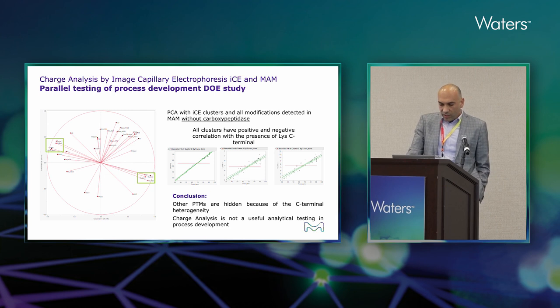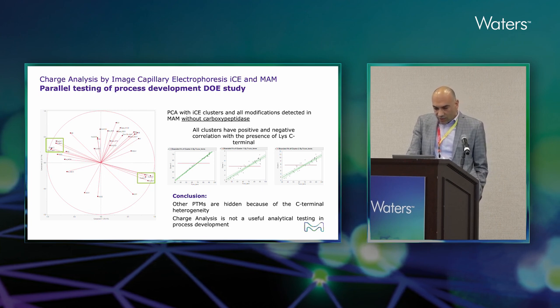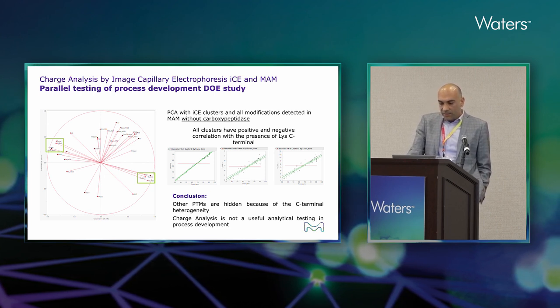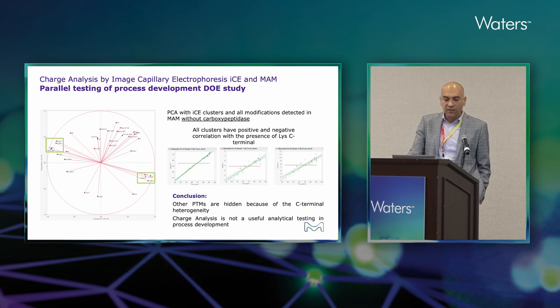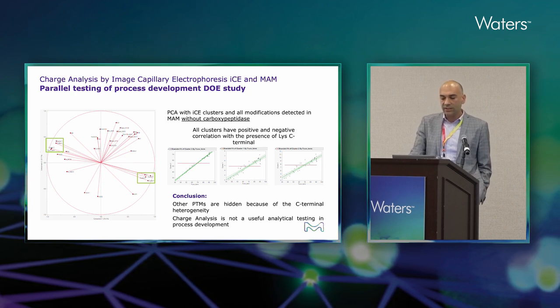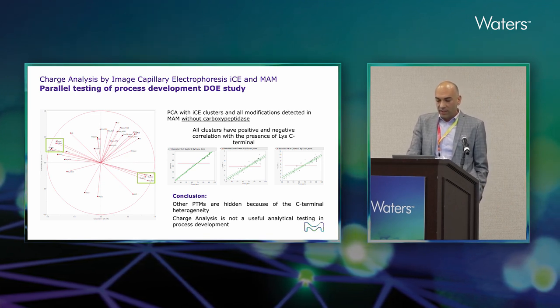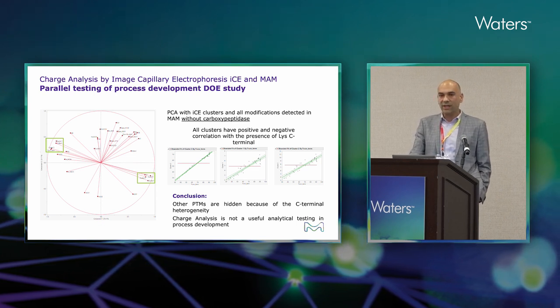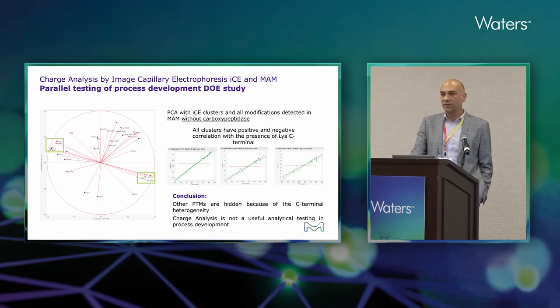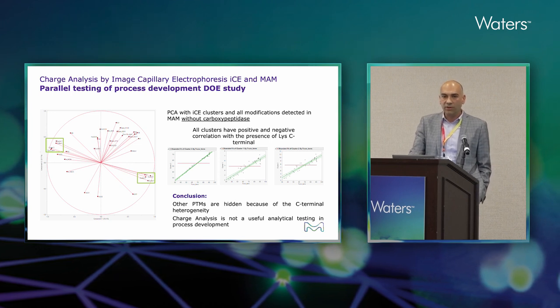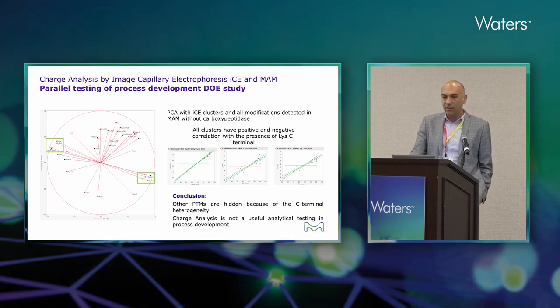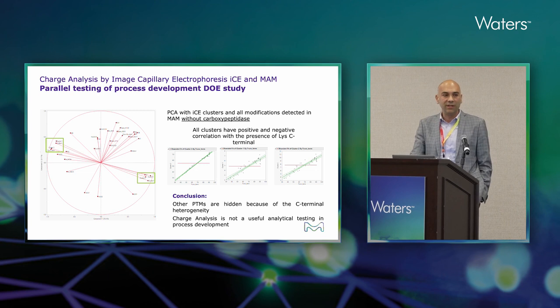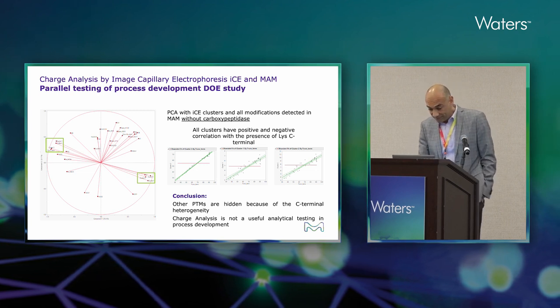In summary, at the conclusion of the correlation, we noticed that all clusters are positively or negatively correlating with the presence of the C-terminal lysine. So at the end, we have been using this method in the control strategy for years, and we have been monitoring the C-terminal lysine, which we all know is not critical, so not that useful.